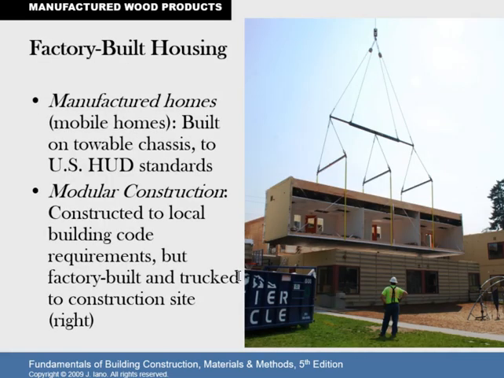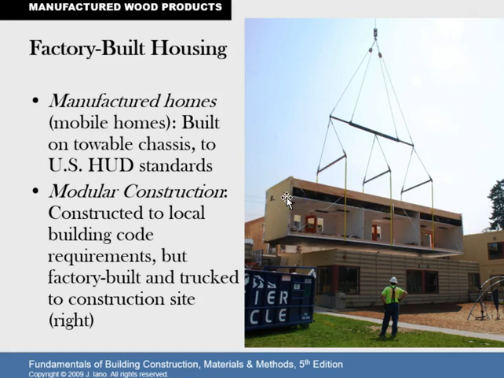All right, factory-built housing. There are two different types here. We have our manufactured mobile homes. These are built to a broader nationwide standard, U.S. HUD. And then modular construction is different. This is built to local building codes, actually. This is where pieces like this would be brought in, perhaps two of them, and they would be placed together and joined on the site.